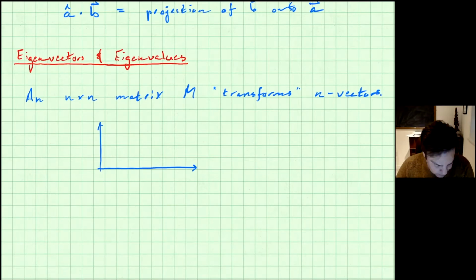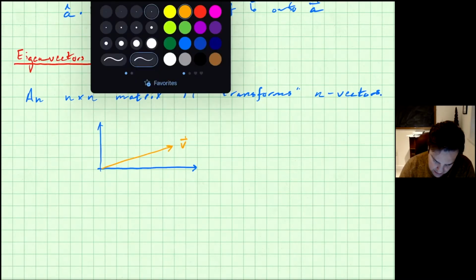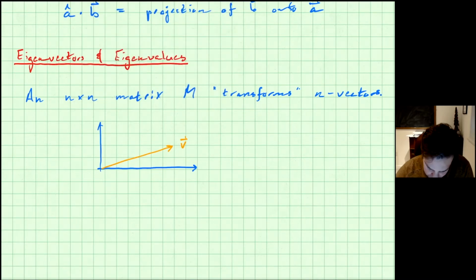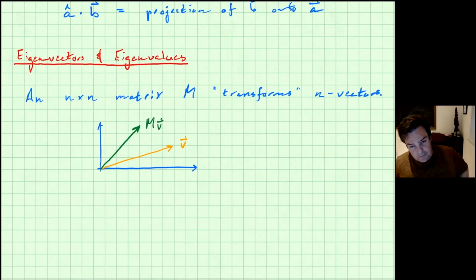It's really just two here, but it could be anything. Then if you had some vector here that we'll call v, and you multiplied v by M, I'll use a different color here, you get some other direction and other length. This is M times the vector v. So the matrix M has somehow transformed it.